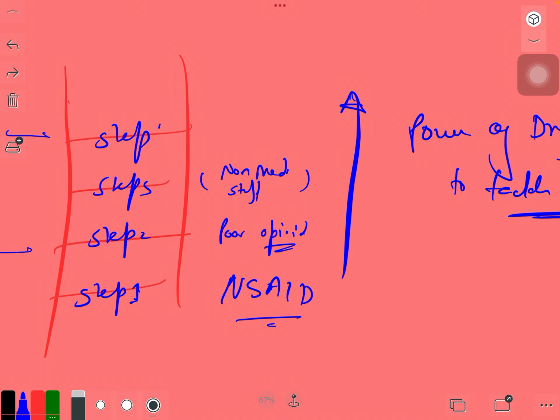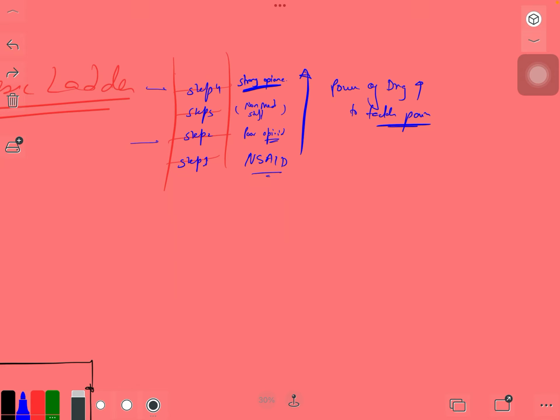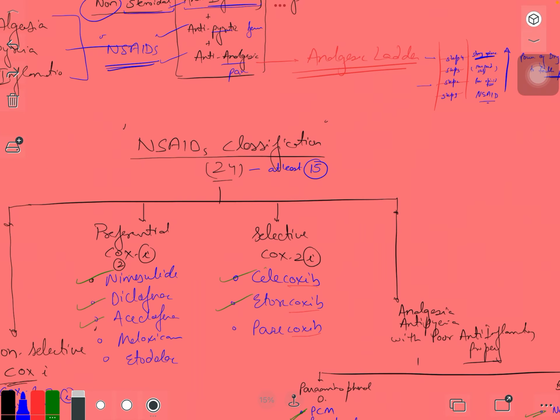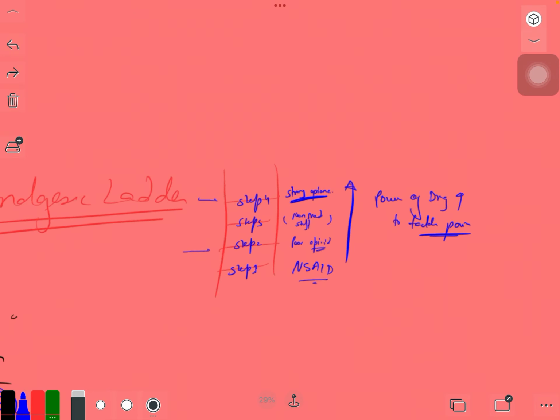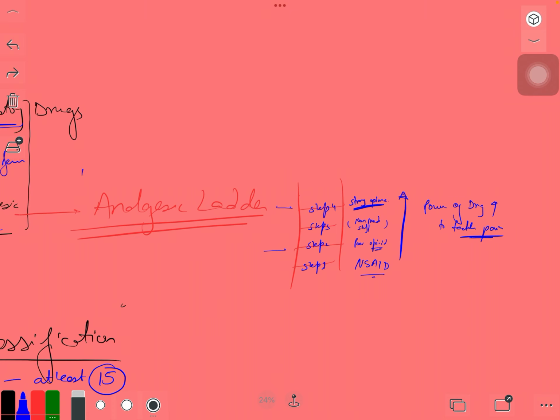And step 4 is strong opioid, fentanyl, morphine, such types of drugs come over here, right? So if a patient has so much pain, you can switch in that ladder. So this analgesic ladder is important for us.